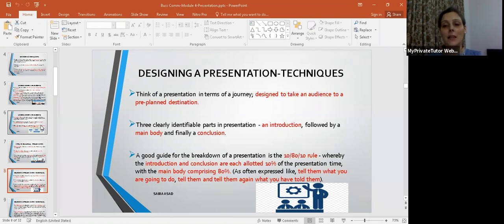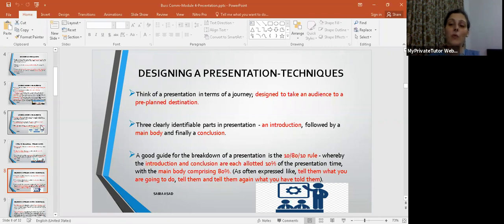It goes with conclusion, which means at the conclusion summarize your things. At the end, you have to summarize, give the bullet points, and enforce your main points again. A quick recap of what you have already told them: in your body you have already discussed all that, but in the conclusion they're going to be summarized again.